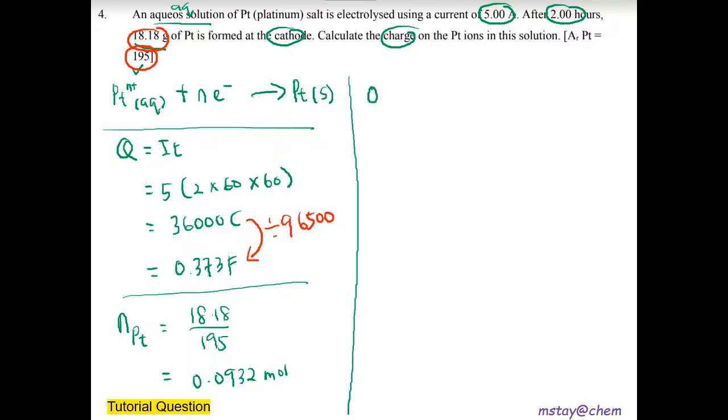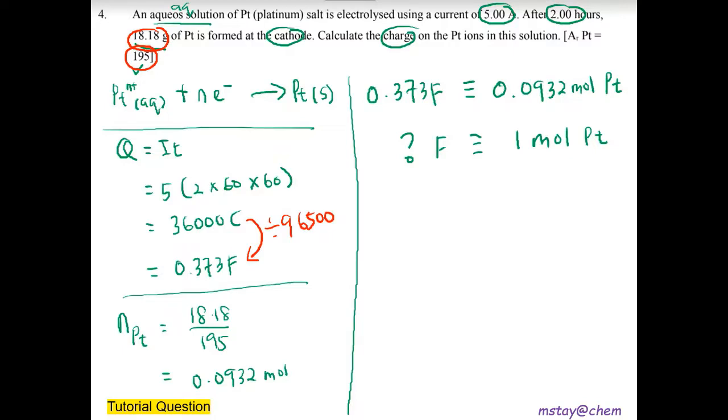If 0.373 Faraday is used, we will be able to produce 0.0932 mole of platinum. So now you want to know, 1 mole of platinum needs how many Faraday?